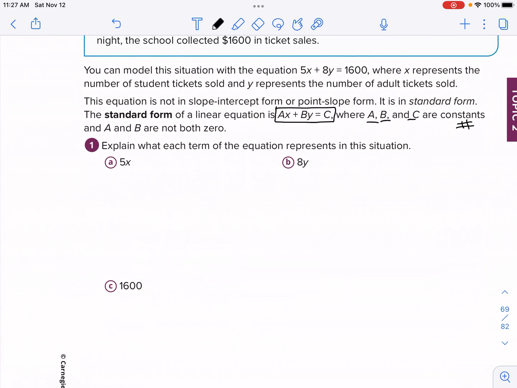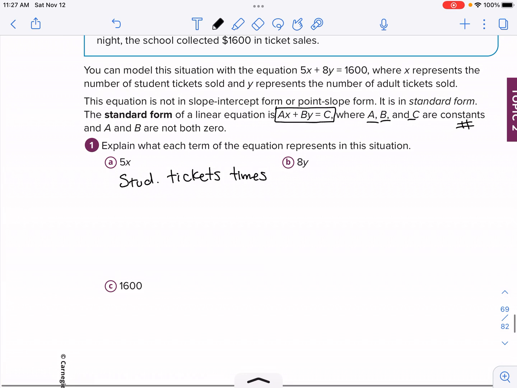So number one, 5x. 5x represents the cost of student tickets times the number sold. Since it's $5 per ticket, it's 5 times x.